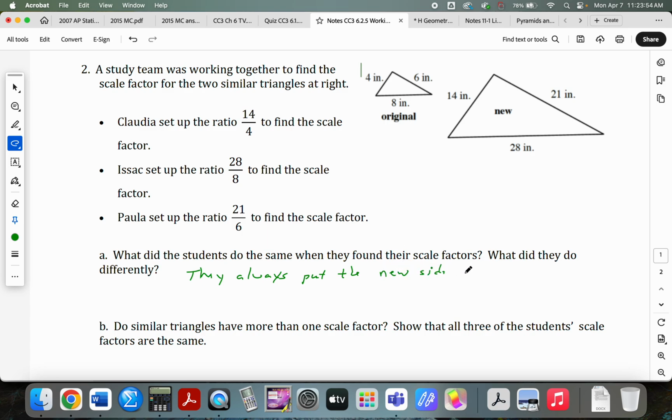So it's always the new side over the original side. What was different? Well, they just picked different sides to work with, right?